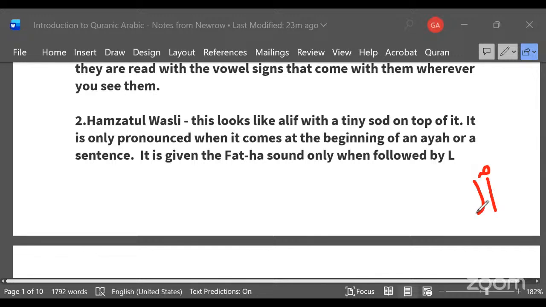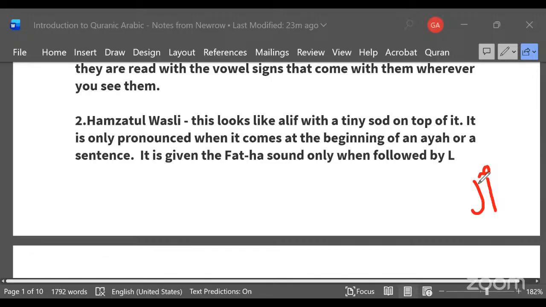And the only time we read it is when the word that starts with Hamzatul Wasl comes at the beginning of the sentence. So we read Hamzatul Wasl only when it is at the beginning of an ayah. When it falls in the middle, we skip it. And while we skip it, we connect the letter before it to the letter after it, provided the letter before it has a haraka.